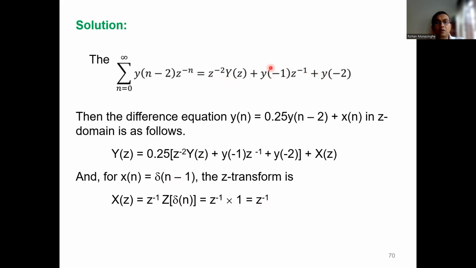You are getting y[-1] in the sequence, and the delta sequence, they're all zeros. So therefore, there's nothing other than z to the minus 1 over here. So let's substitute z to the minus 1 in place of X(z) here. Then you have a complete Z transformation.